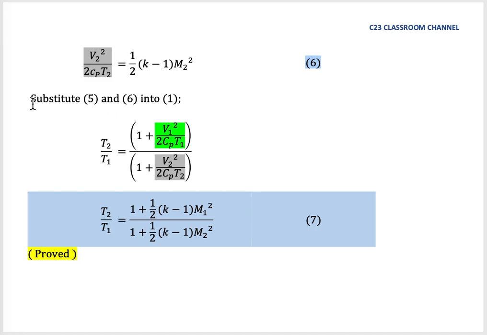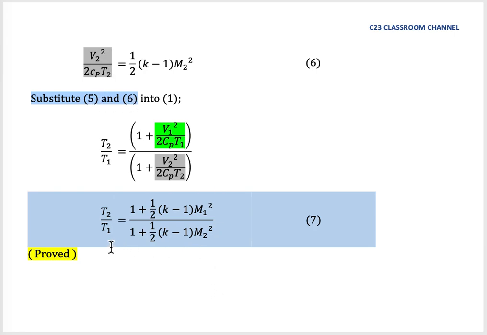After this, we substitute equation number 5 and 6 into equation number 1. So this is equation number 1. We have V1 squared over 2 Cp T1 and V2 squared over 2 Cp T2. We substitute these two with equation number 5 and equation number 6.